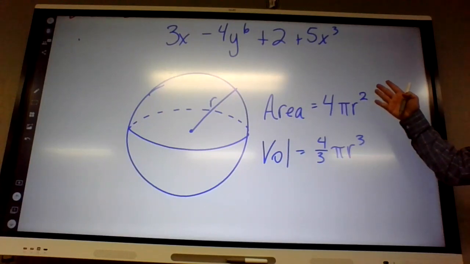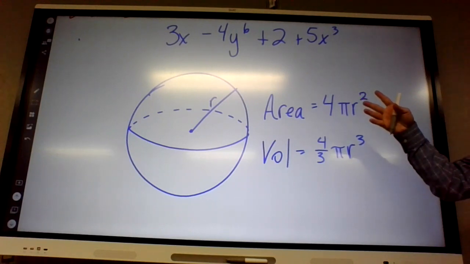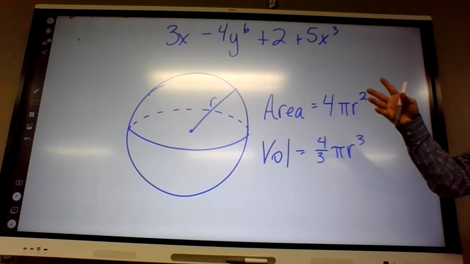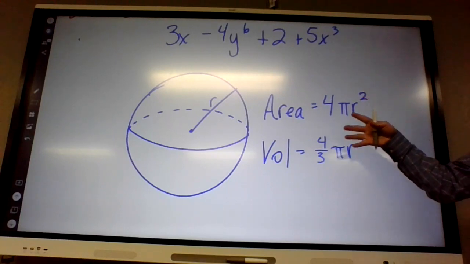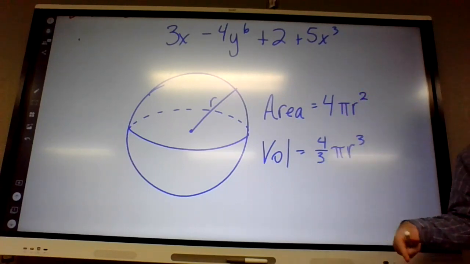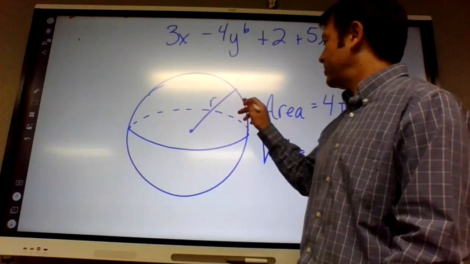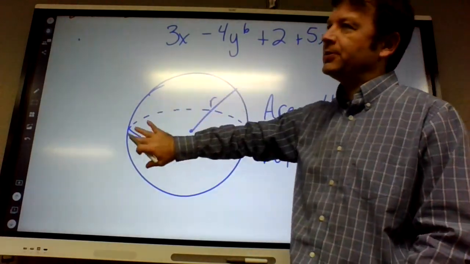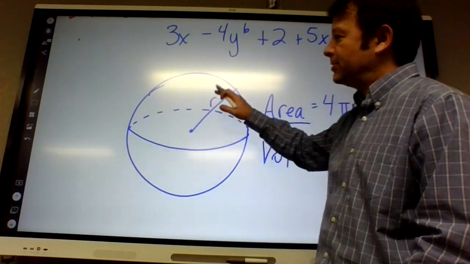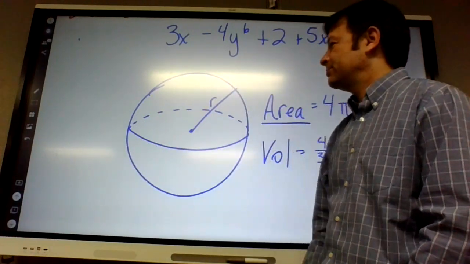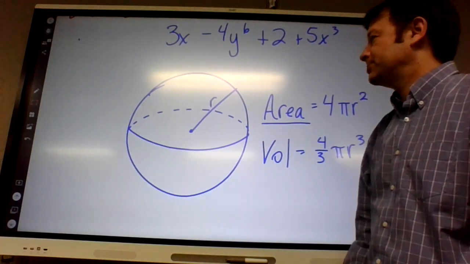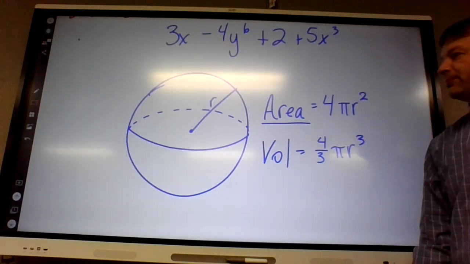You guys remember the difference? If I'm talking about the area of the sphere, what am I talking about, as opposed to the volume? What does surface area mean? It would be how many squares would be used to cover the outside. So you might say the globe is maybe a couple million square miles.